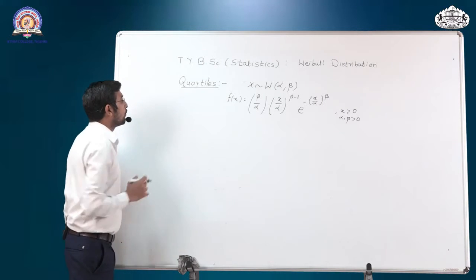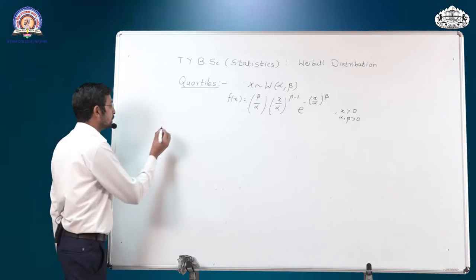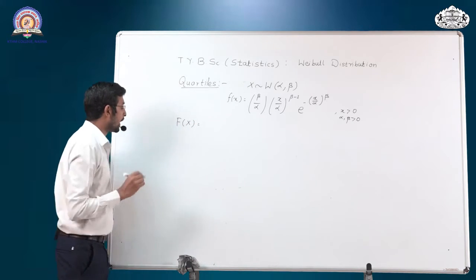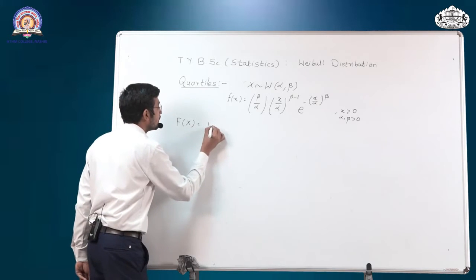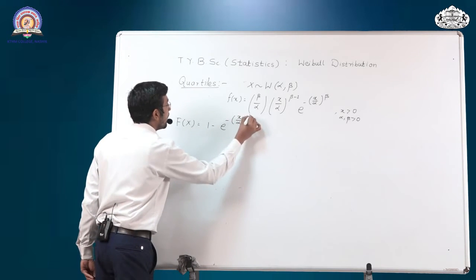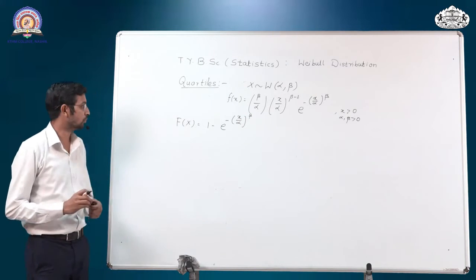Now we want to find the quartiles. So firstly we know the distribution function of the Weibull distribution. So we know that F of x is equal to 1 minus e raised to minus (x upon alpha) raised to beta. This is your distribution function of Weibull distribution.